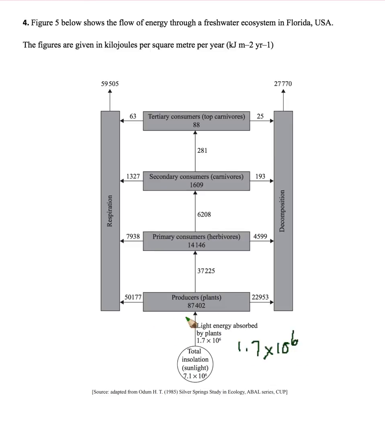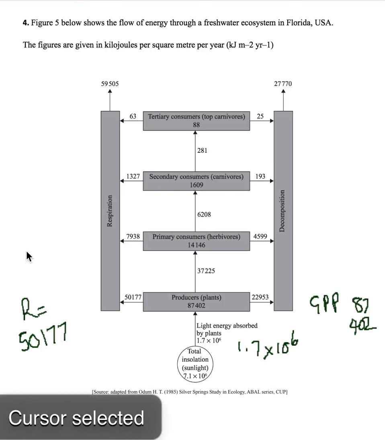And here we've got, we said GPP is 87402. Sorry, I'm going off the screen there. And respiration is 50177. Okay, so let's scroll down.